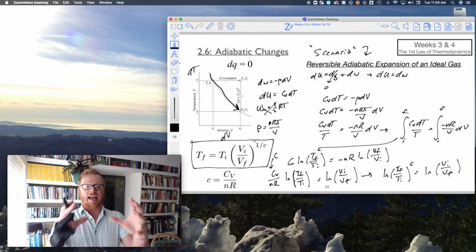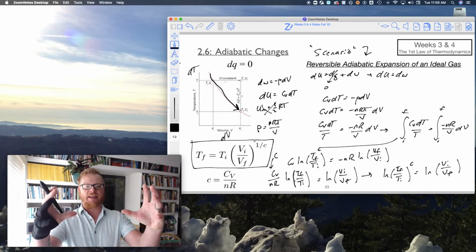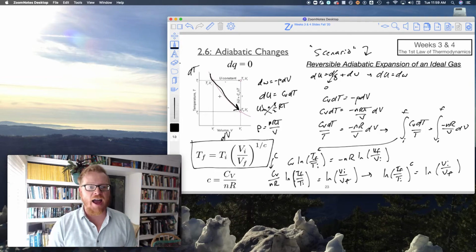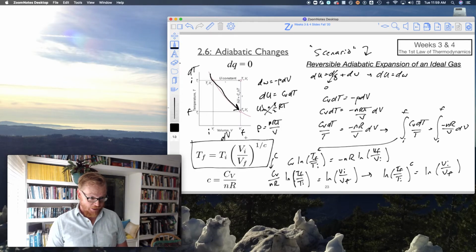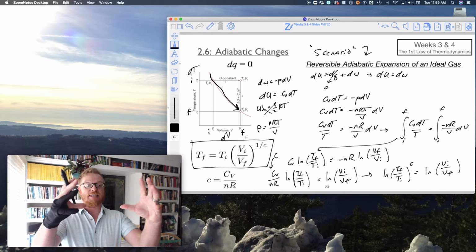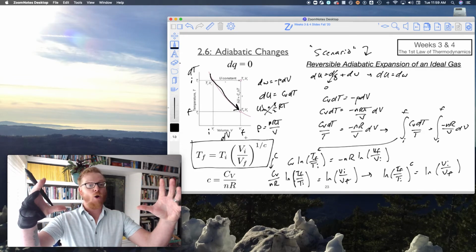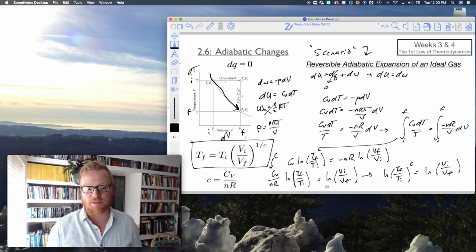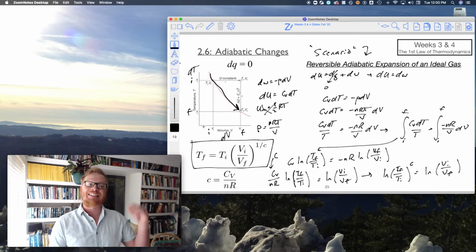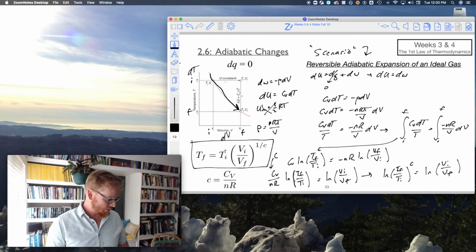So as this adiabatic container is expanding, the gas inside has to cool down. You notice this relationship. So that's i and f, and this is i and f, initial and final. And so what's physically going on there? As the gas is expanding, it can't acquire heat from the surroundings, so it has to use its own heat to fuel that expansion. That's why the temperature decreases in the adiabatic expansion of a gas.